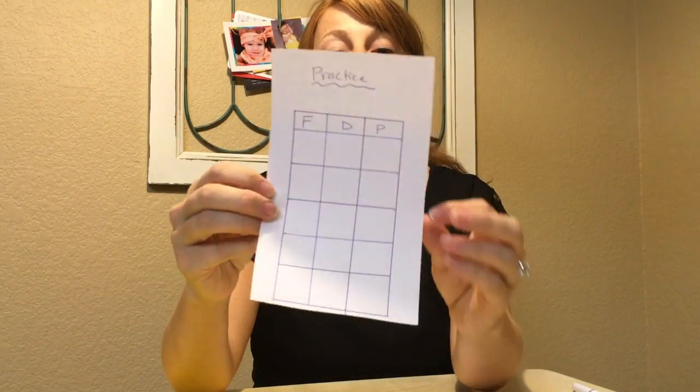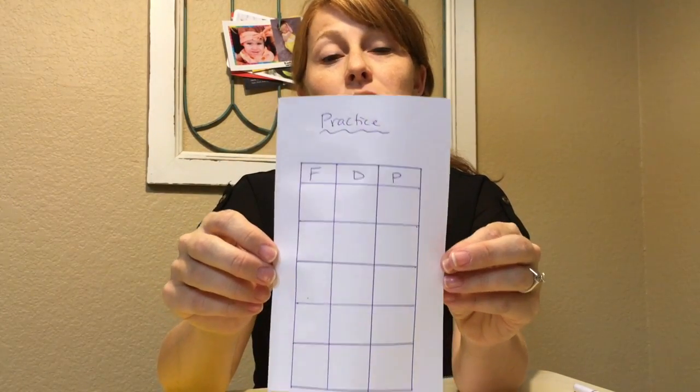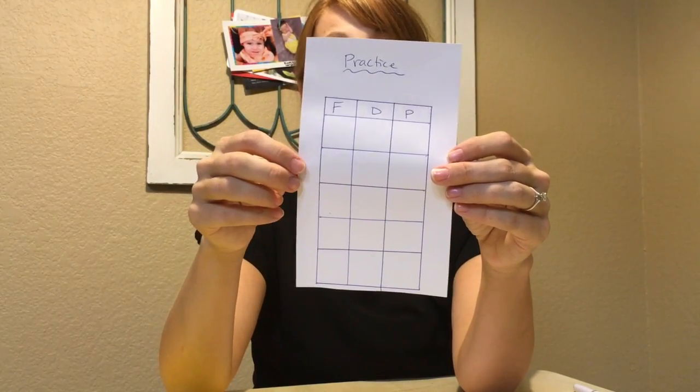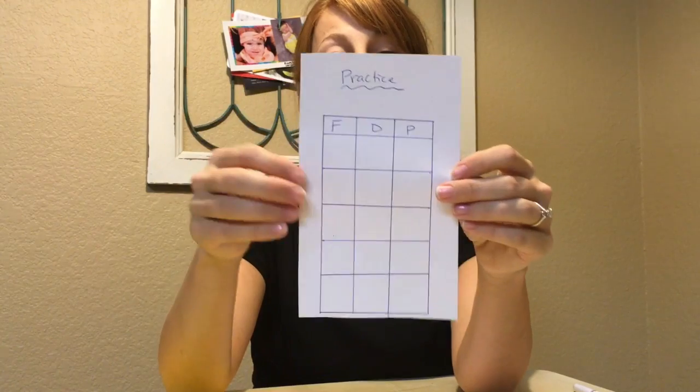All right, so one way that you can help your student practice is you can make little example or practice quizzes for them. So I've just made a little 3x5 chart and put FDP for fraction, decimal, percent. And what you would just do is look at this chart and pick either a fraction, a decimal, or a percent to put on each row.